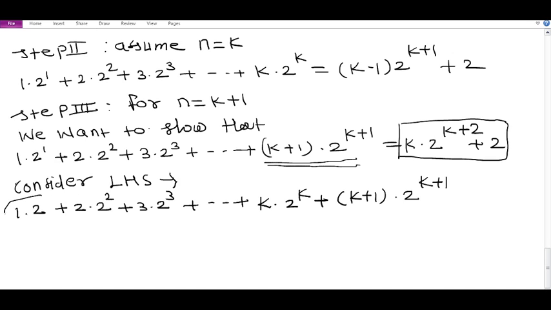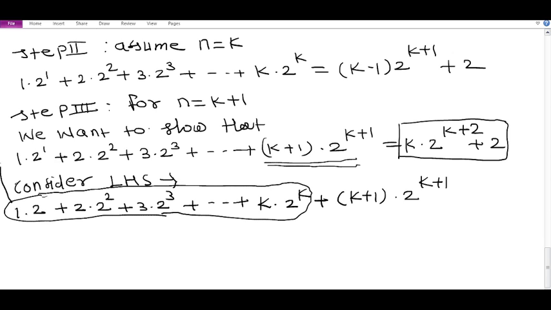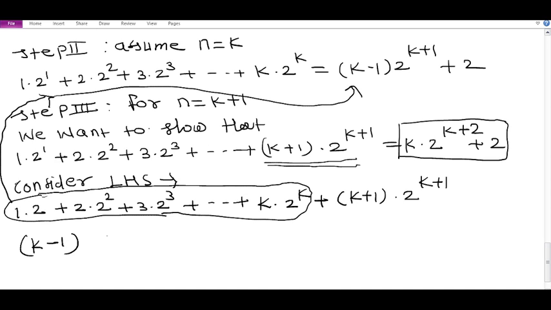Now by using step number 2, you can see here, this is step number 2, the value of this term is (k minus 1) 2 raised to (k plus 1) plus 2 plus, this term as it is, (k plus 1) 2 raised to (k plus 1).